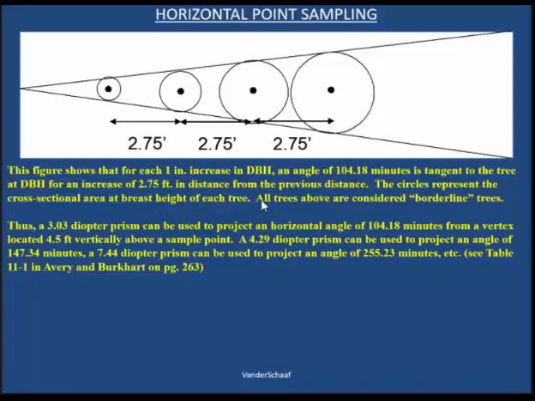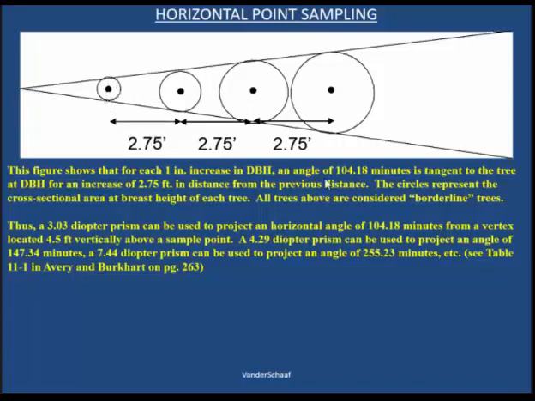Thus, all trees above are considered borderline trees. So a 1 inch tree is borderline for an angle of 114.18 minutes at exactly 2.75 feet.